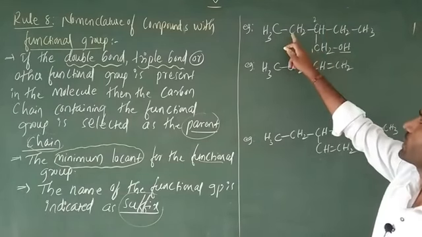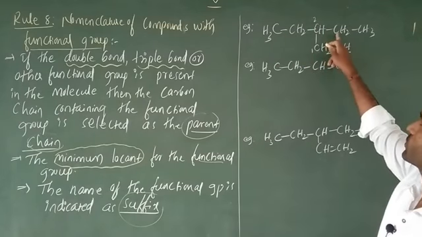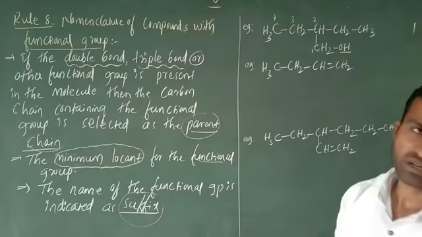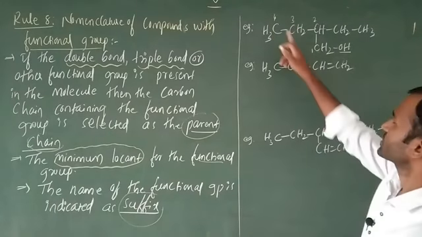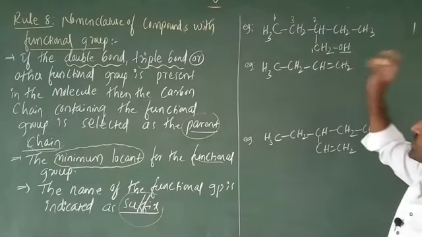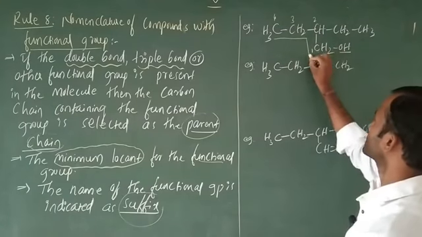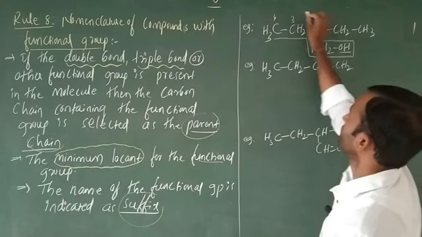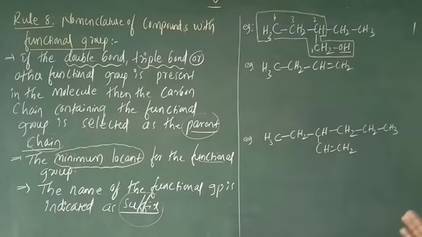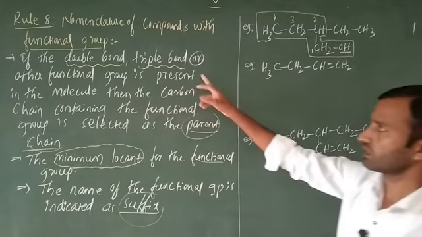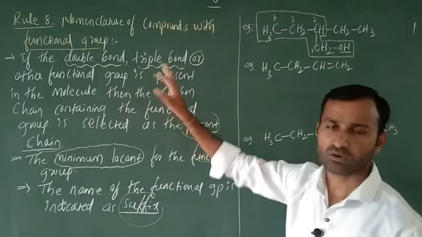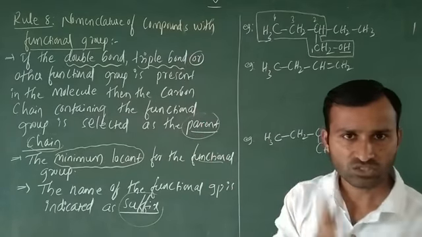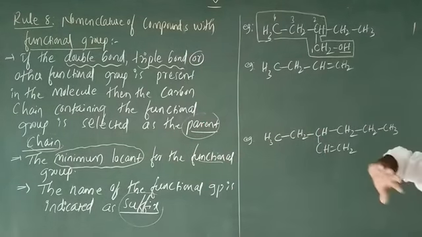If you number it like this, 3, 4, no problem; on both sides the number of carbon atoms is the same. That is why this one acts as the parent chain. First, our duty is that if a double bond, triple bond, or any other functional group is there, that acts as the parent chain compulsorily. This is the parent chain, no problem.